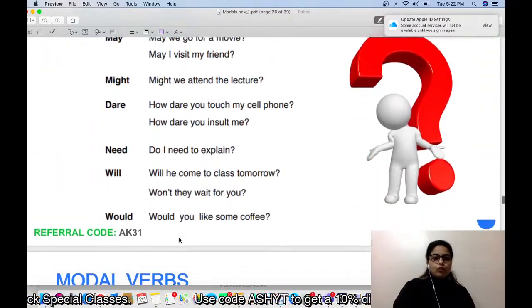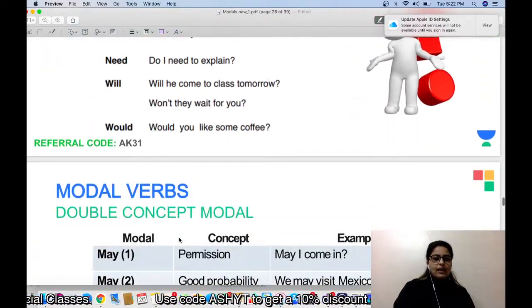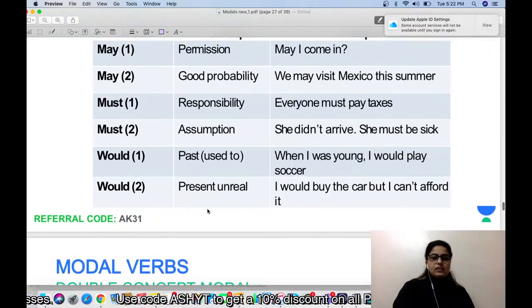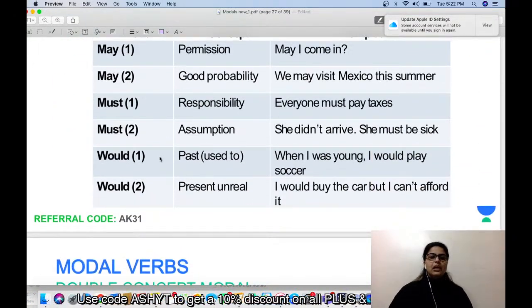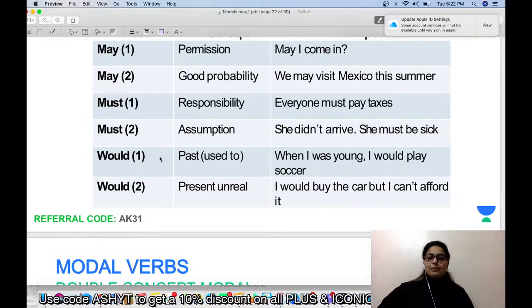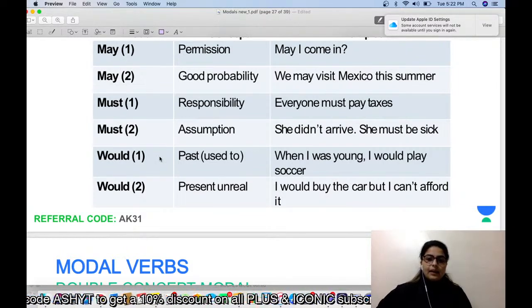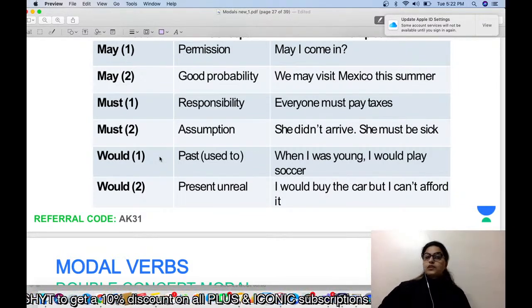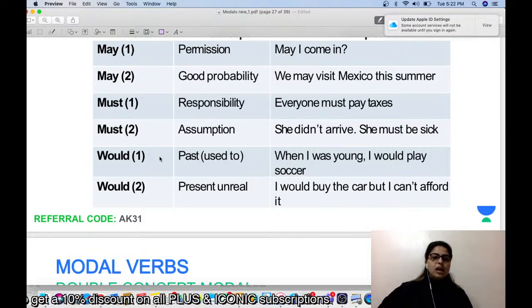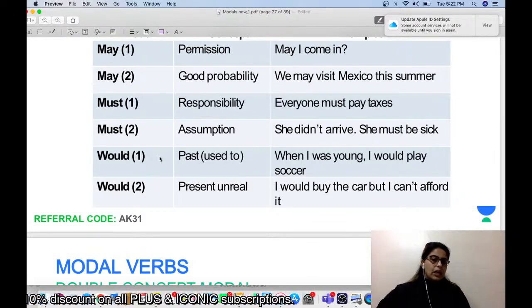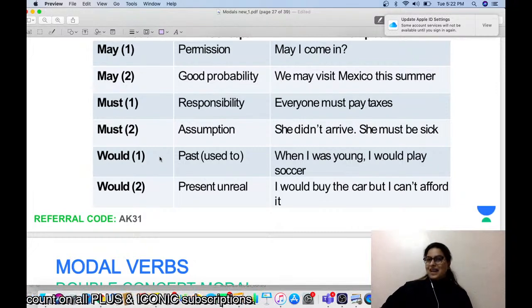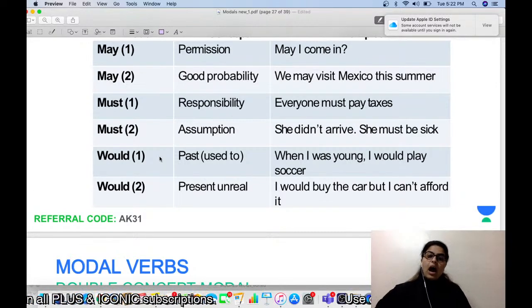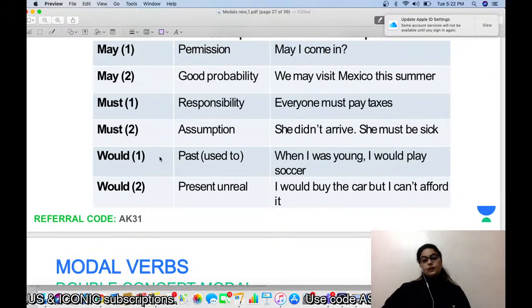Now let's go to would. That's what I wanted you to look at, the usage of would. Now see these two rules primarily. Would can be used when it's about a habit with respect to past. Like when I was young, I would play soccer. Or something which is present, unreal. I would buy the car, but I can't afford it.